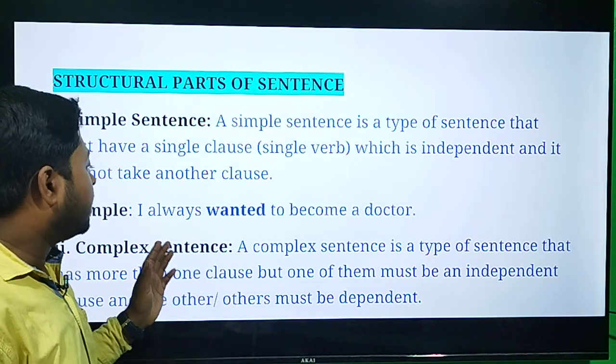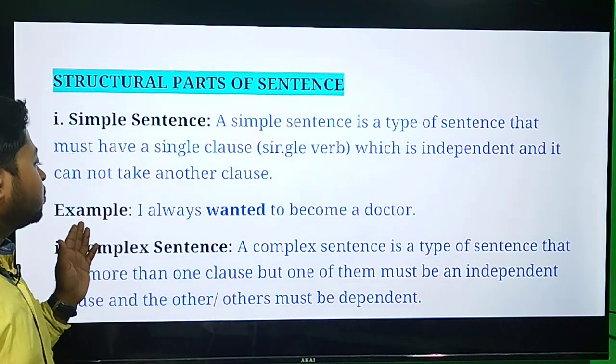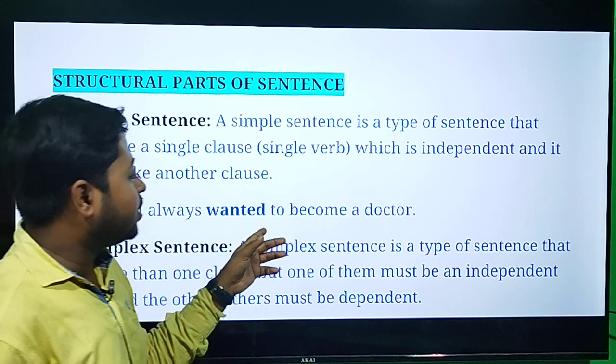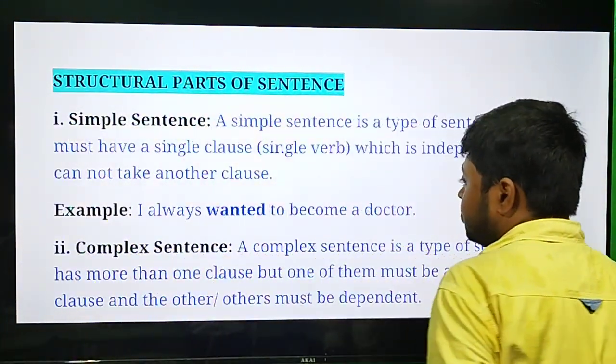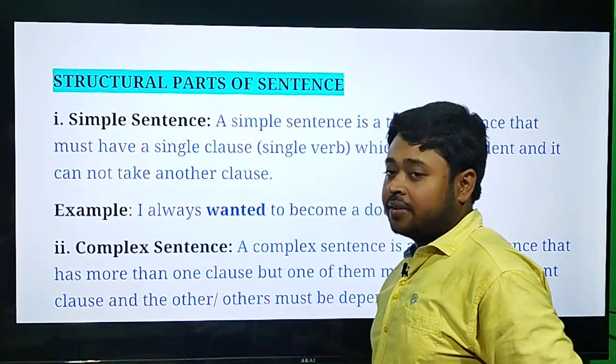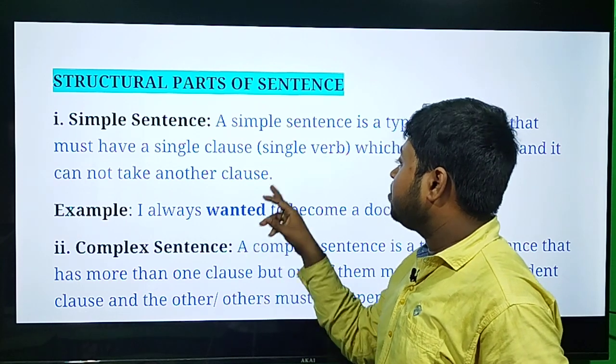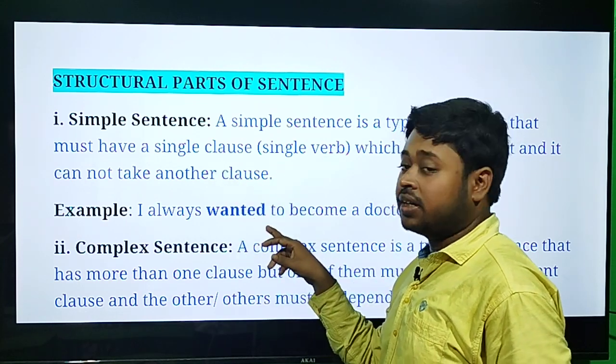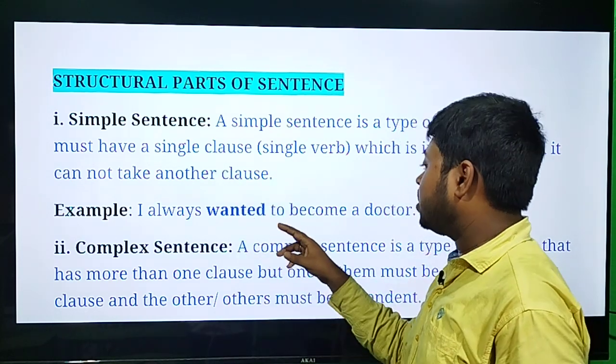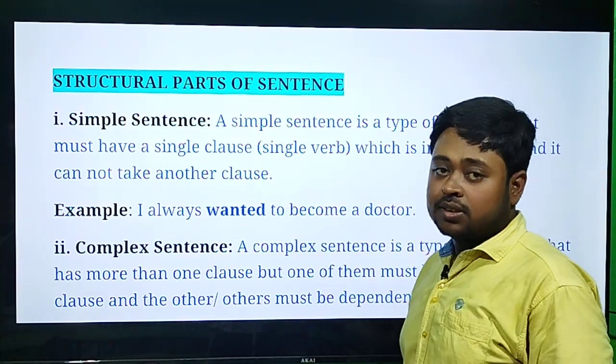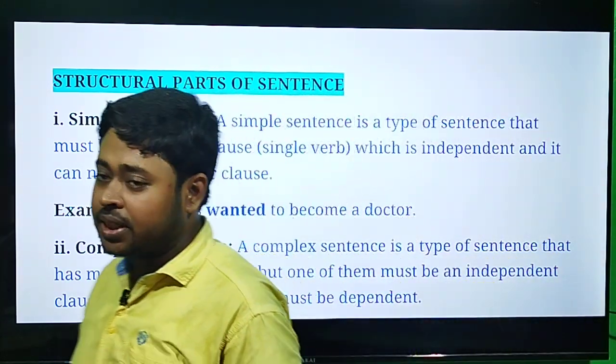So let's move on to the example: I always wanted to become a doctor. Here, the subject is I, and the verb, that means the single clause, is wanted, and the rest is the object.